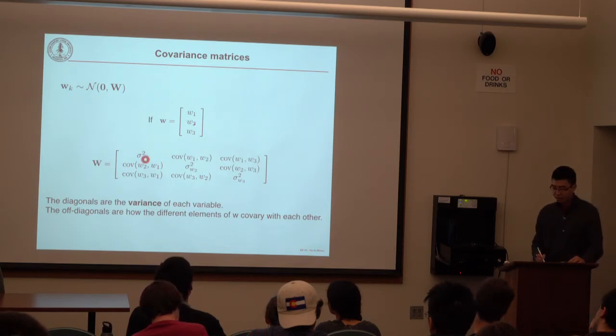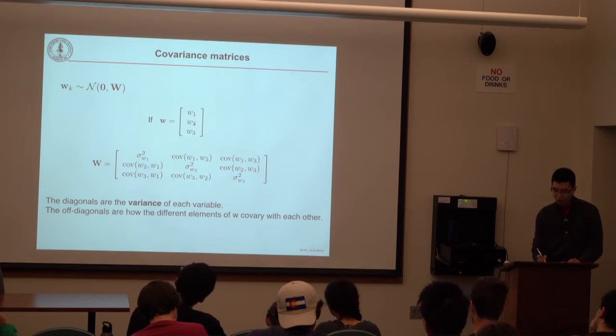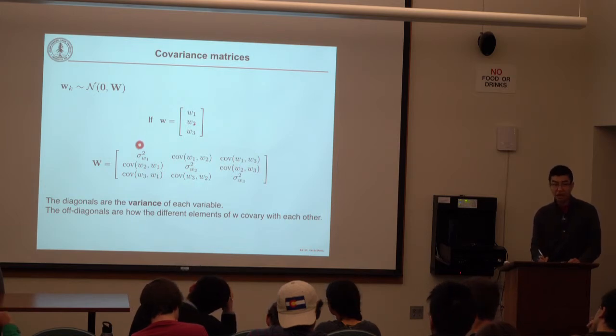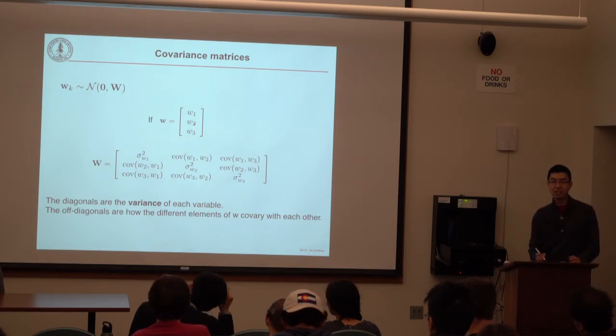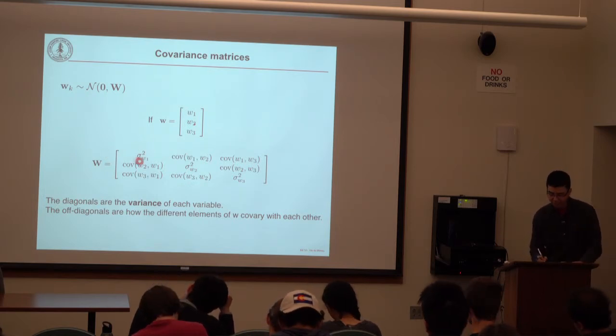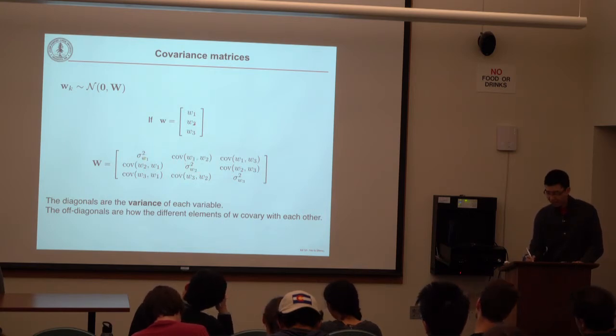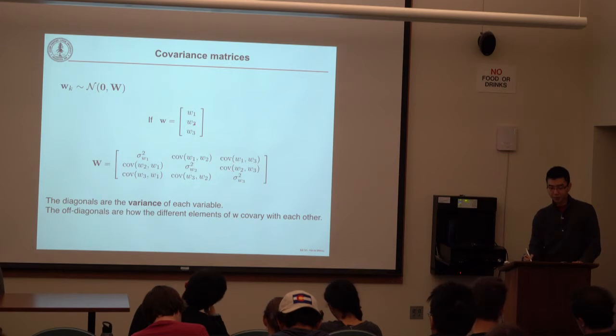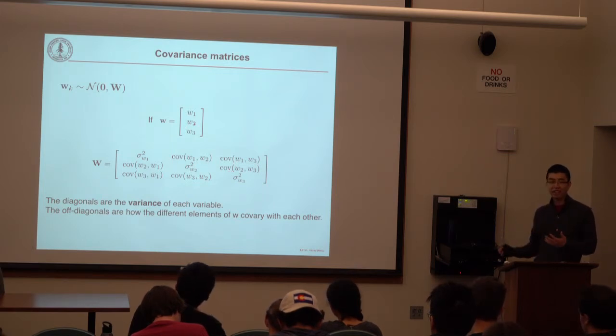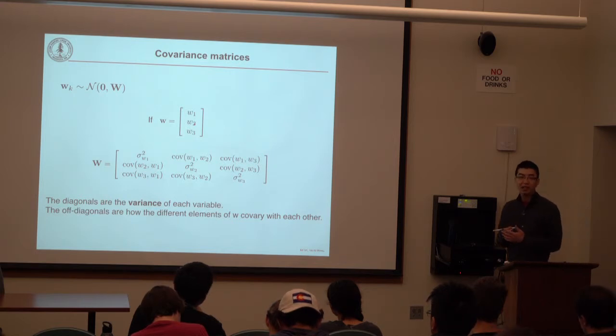Each term in the matrix describes how the dimension in the row covaries with the dimension in the column. The covarying of dimension 1 with dimension 1 is just the variance. So on the diagonals, this will be the variance of dimension 1, the variance of dimension 2, and the variance of dimension 3. Now on the off-diagonal elements, these covariance terms describe how the noise is correlated, if it is.